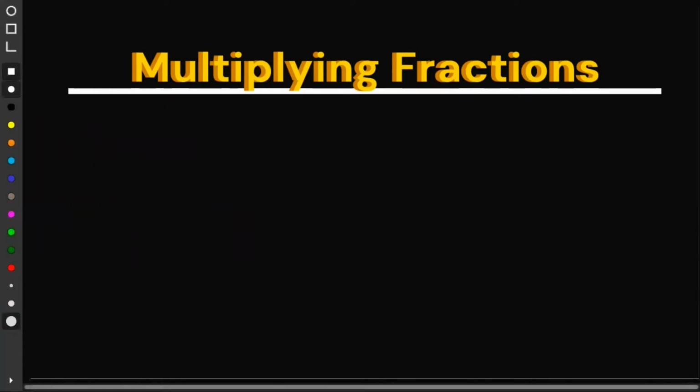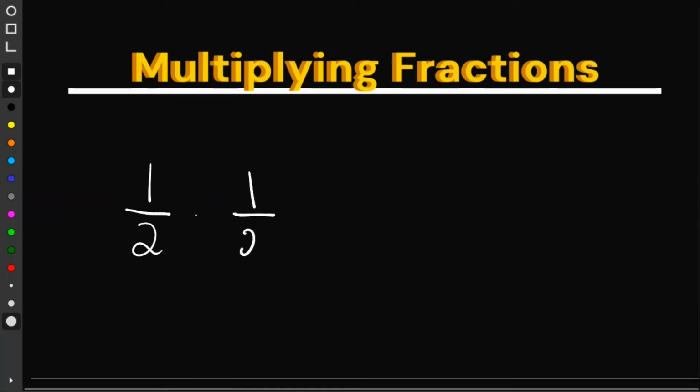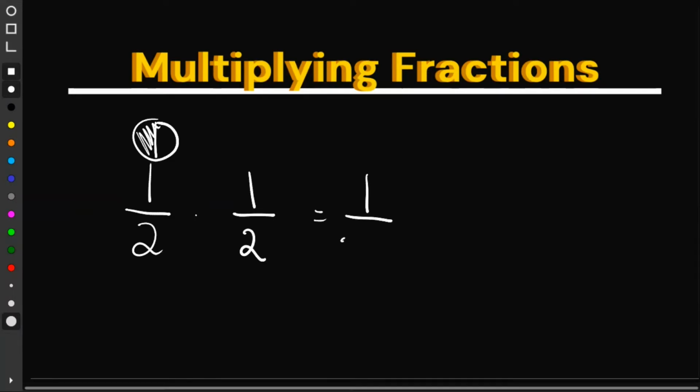So like in our example a while ago, we had 1/2 times 1/2, which gave us 1 times 1 over 2 times 2, which is equal to 1/4.